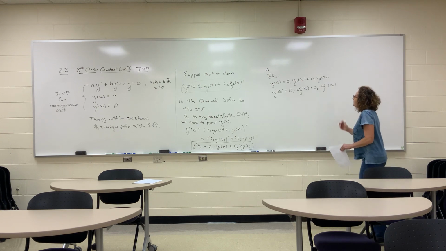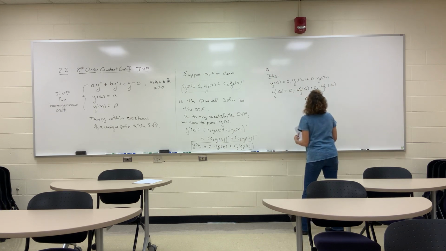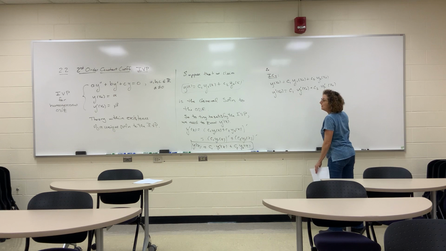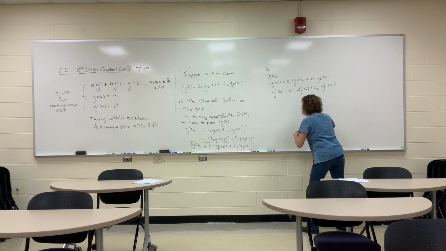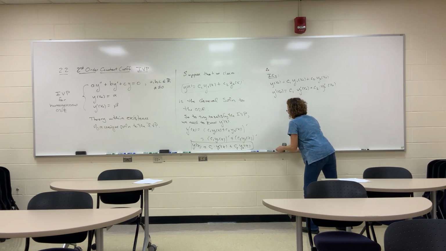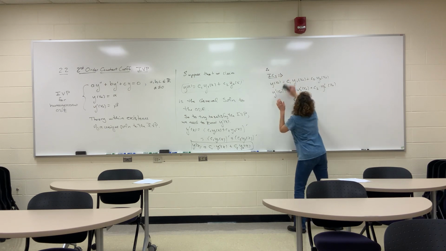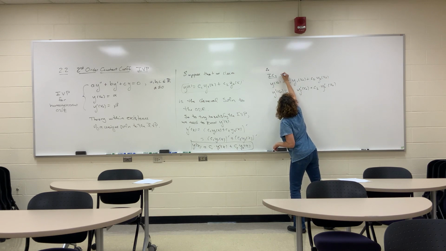So, what do the ICs require? We want y at x naught to be equal to alpha. To make my life simpler, I'm going to erase stuff. So the ICs imply, in order to consider the ICs, we need these two things.